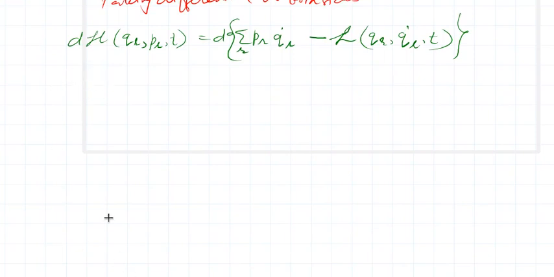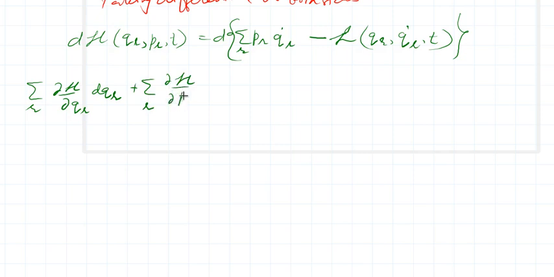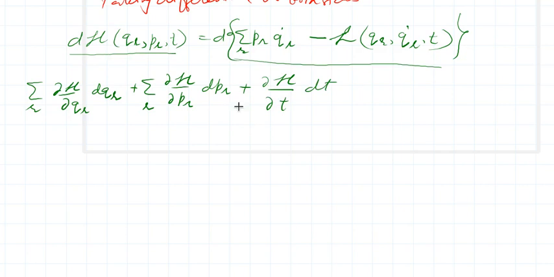It is summation over R, curly H over curly QR dQR, plus summation over R, curly H over curly PR dPR, plus curly H over curly T into dT. This part is equal to this one, and now let me open it up.